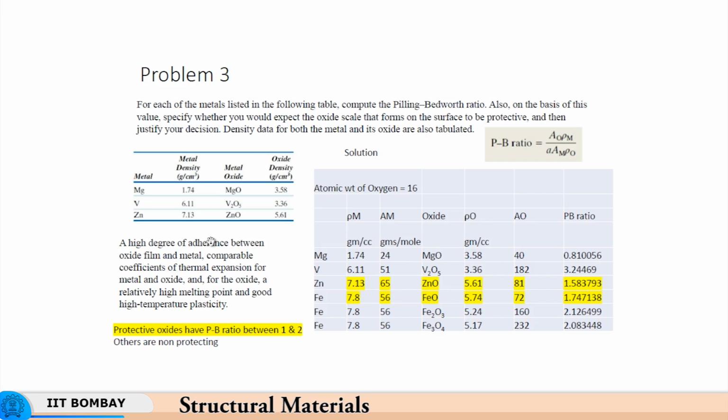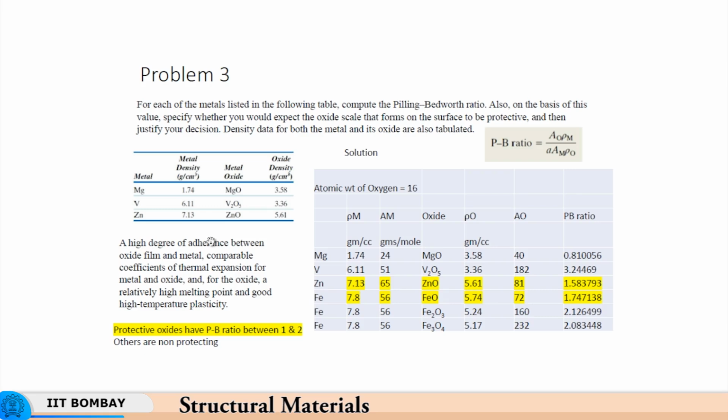Fe2O3 has the maximum, 1.5 atoms of oxygen per atom of iron, and Fe3O4 has 1.33 atoms of oxygen per atom of iron. So, if copious quantities of oxygen are available, you form Fe2O3 and Fe3O4. On the other hand, if oxygen is relatively less, then you tend to form FeO. The densities of these different oxides are given over here.